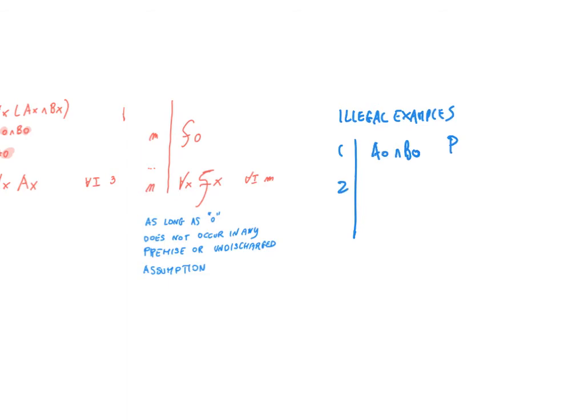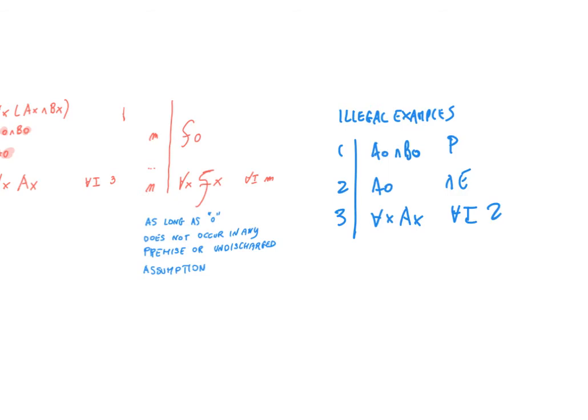I said from AO and BO, AO follows from conjunction elimination, and now I do universal introduction for all x, AX, based on 2. This is illegal, and it also proves something invalid, because my premise was that Oswald is American and a basketball player, and my conclusion is that everybody's American. Clearly, everybody's American does not follow from Oswald is American and a basketball player.